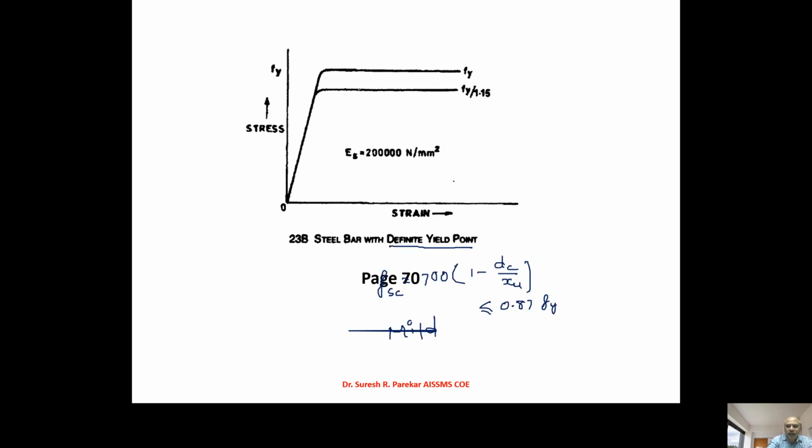Now this diagram is given on page 70. Here values are given: 0.8 fy, 0.9 fy, then 0.97 fy and fy.